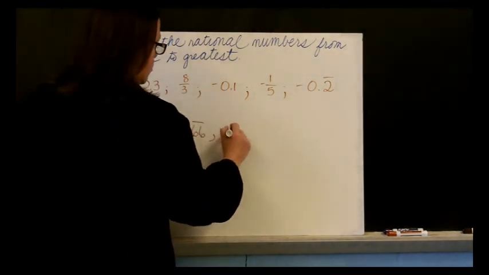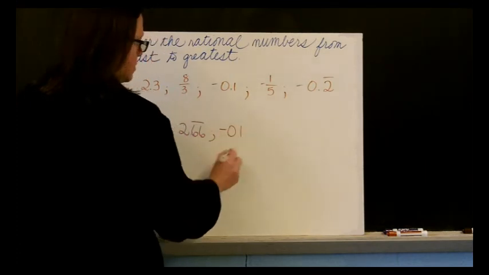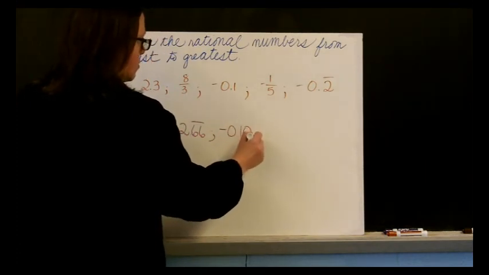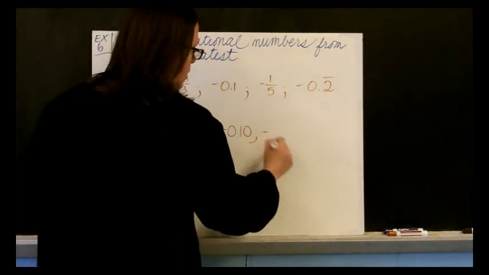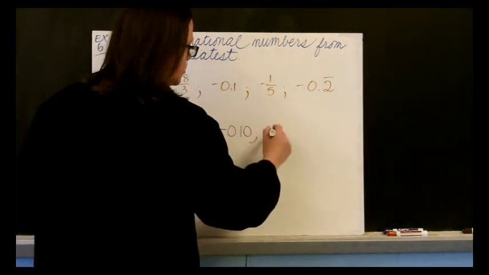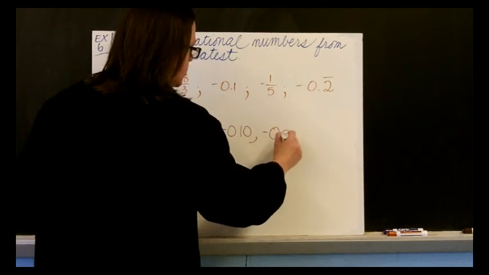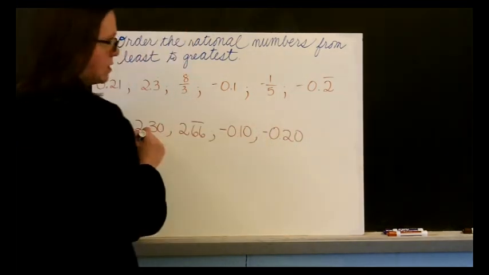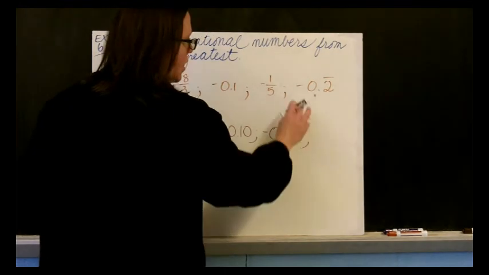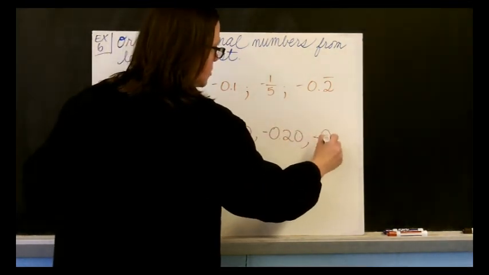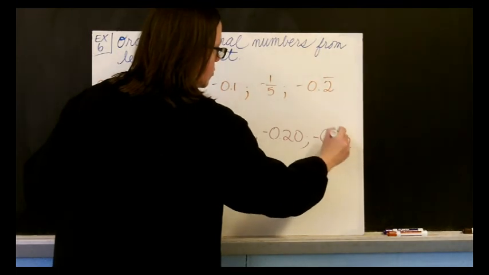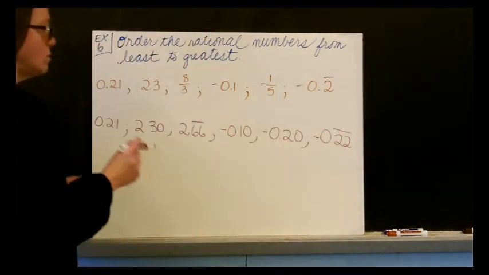Negative 1/10, well that will stay the way it is, but I'm going to annex a 0. Negative 1/5, when you do your division, you'll find is a negative 0.2, and I'm going to annex a 0. And then a negative 0.2 repeated is negative 0.22, and that repeats.